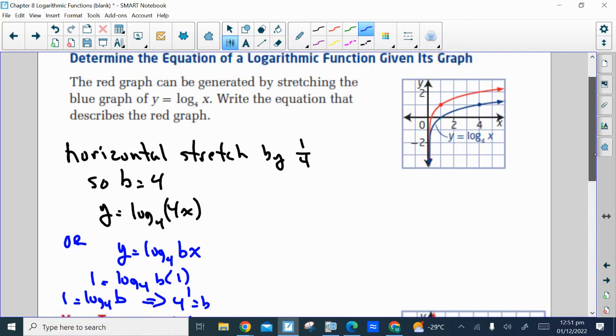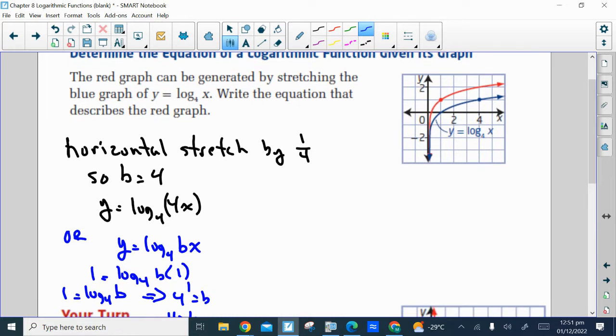But if you look at these two graphs, you might also say, well, couldn't there also be a vertical stretch going from this point here up to that point there? And the answer to that would be no, because that would also mean that that point there would vertically stretch to get the point above, but the y value there is 0. If you're vertically stretching a graph, you're multiplying all the y values by the stretch factor.